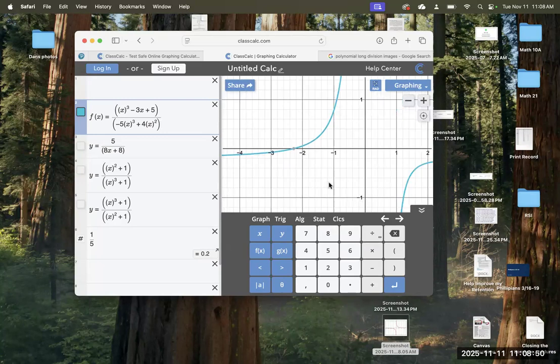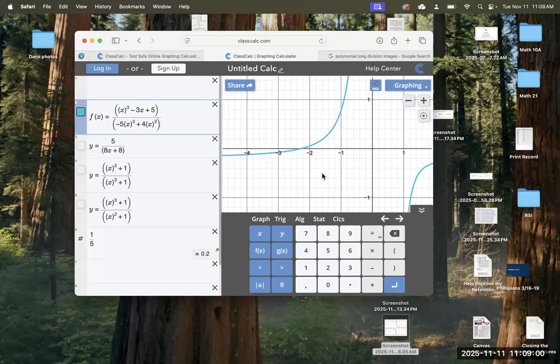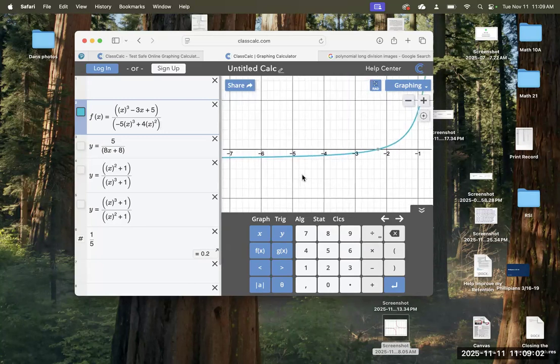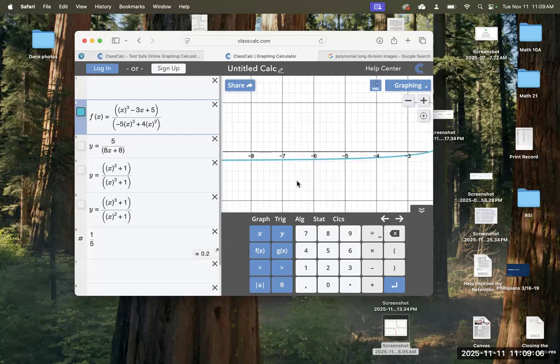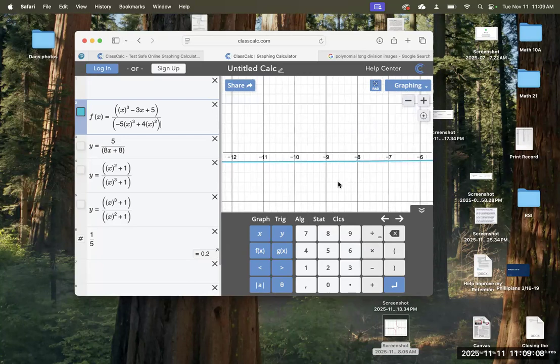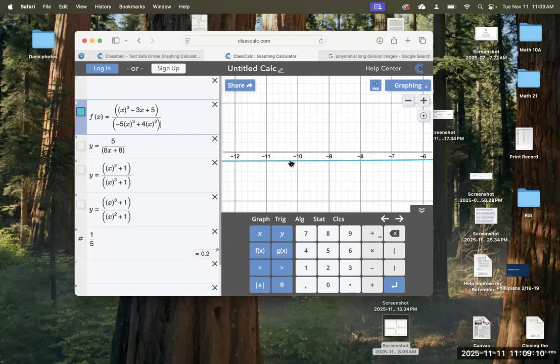There are 1, 2, 3, 4, 5 sections in here, so this is 1/5. As x gets smaller and smaller towards negative infinity, notice that this graph is approaching -0.2.